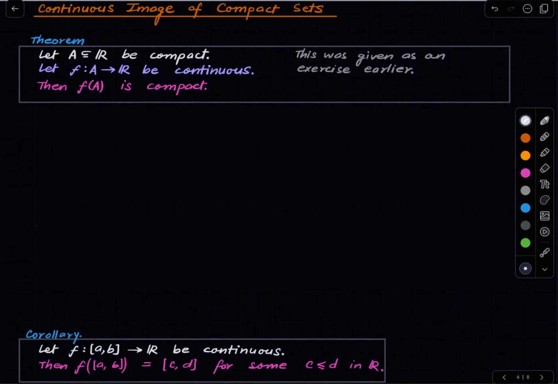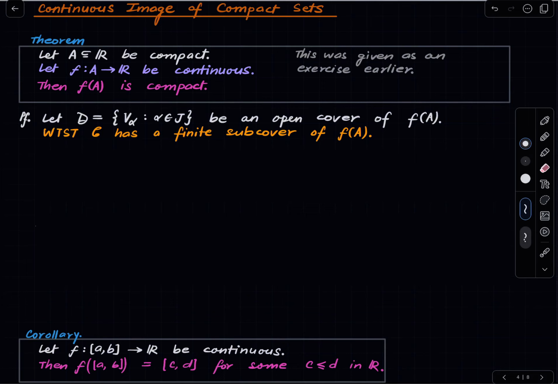So let me try to just do this very quickly because this was an exercise. I will not be writing in real time. I have already written a proof. Let me just keep showing line by line. So we start with an open cover of the image of A under f. And we want to show that this thing has a finite subcover. That's what it means to show that something is compact.